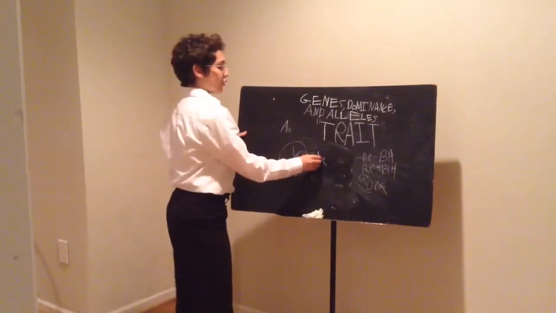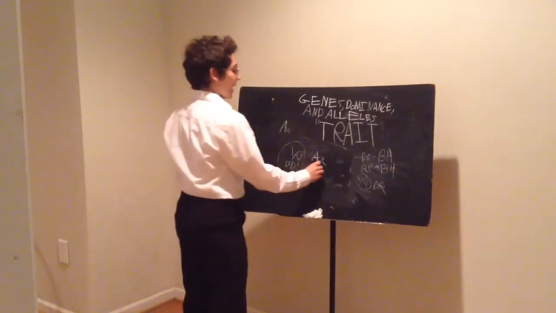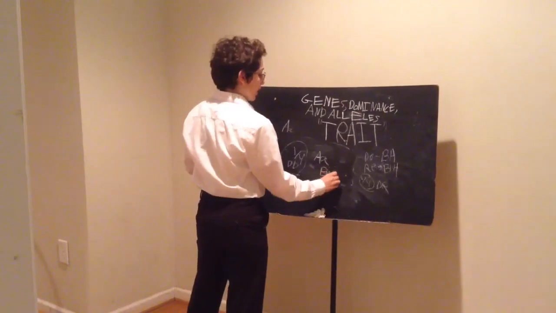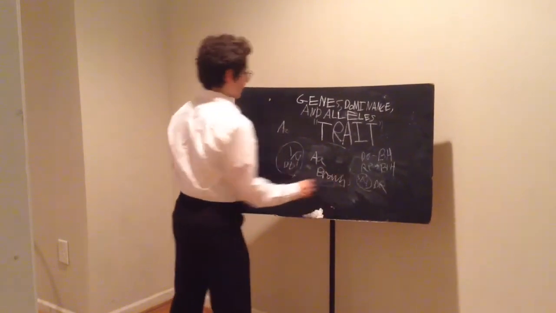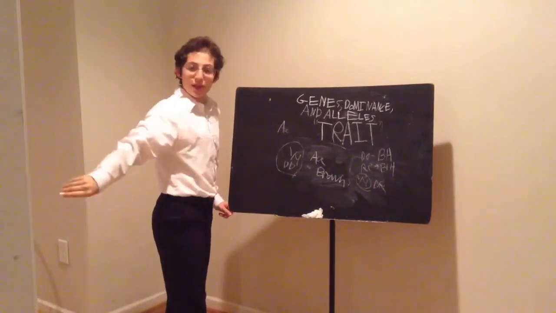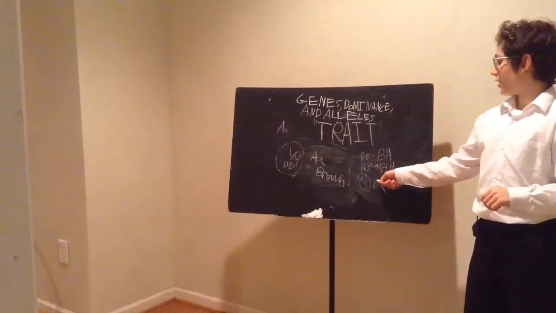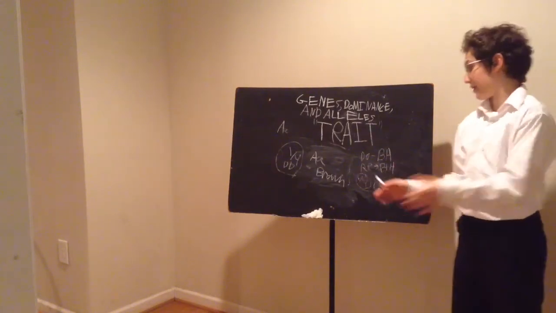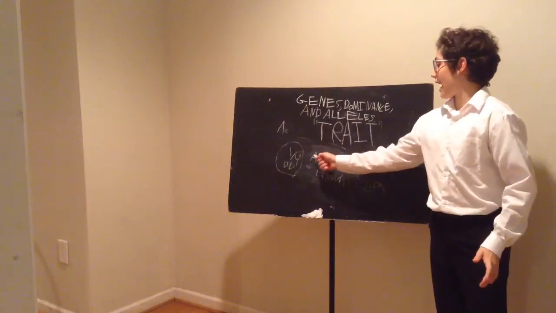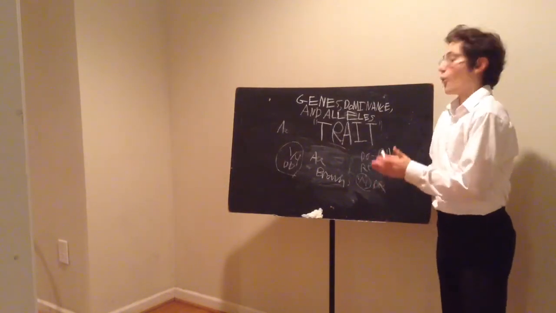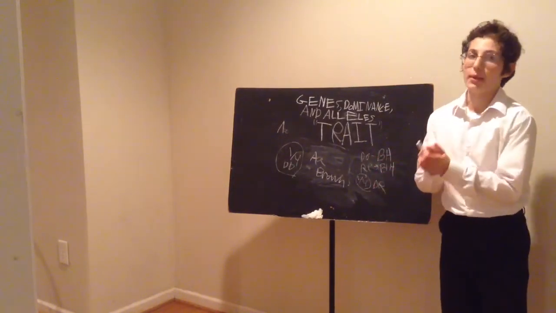Therefore, the trait that will appear is going to be brown hair. If you had a double dominant, then you have a 100% chance of brown hair. If you had a double recessive, you have a 100% chance of blonde hair. But if you have a capital and a lowercase a, you still have a recessive allele, but you're going to have the trait of the dominant allele.